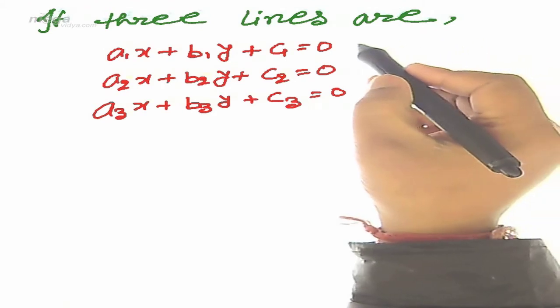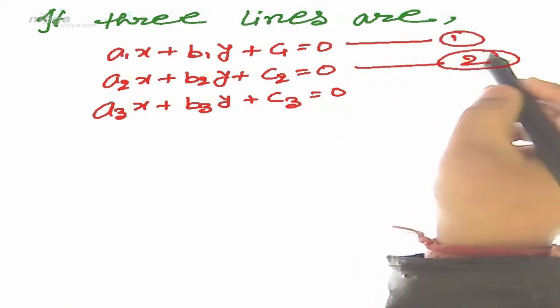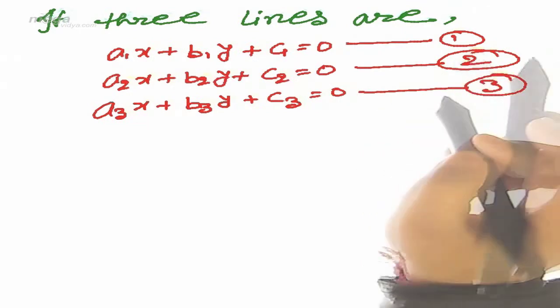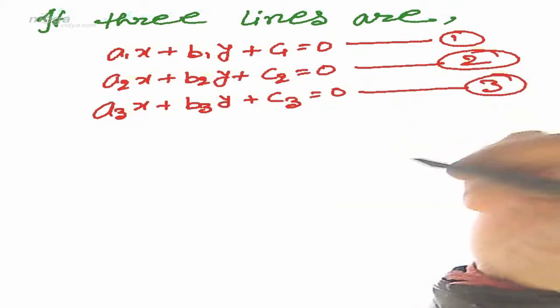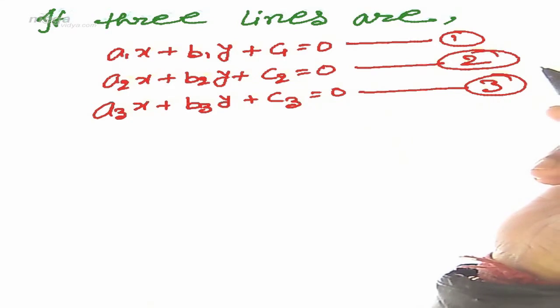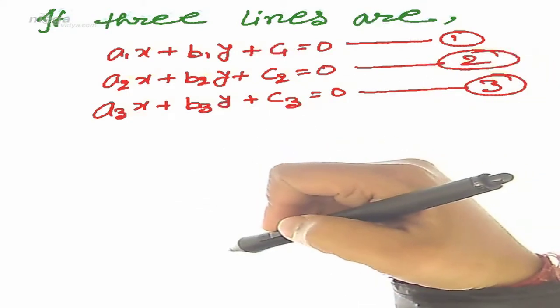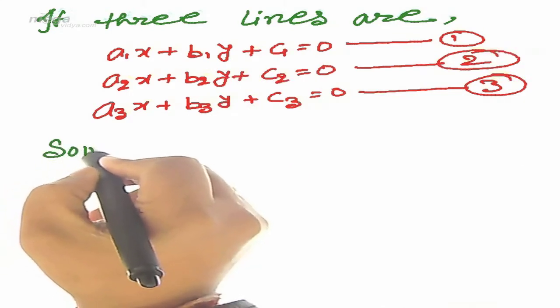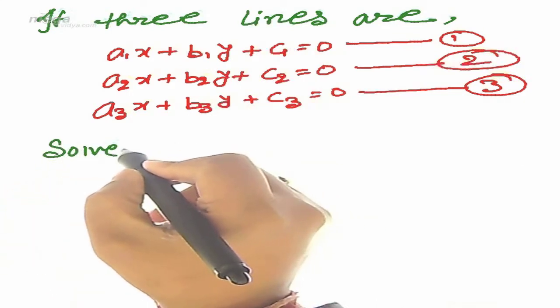So first of all, we will find the point of intersection of any two lines out of these three. If that point of intersection also satisfies the third line, then those three lines are concurrent. Now we will solve any two.